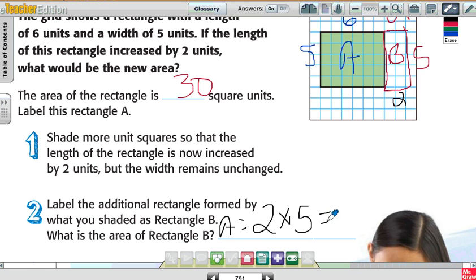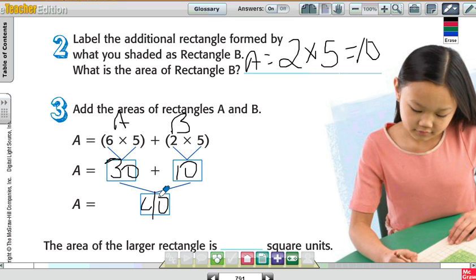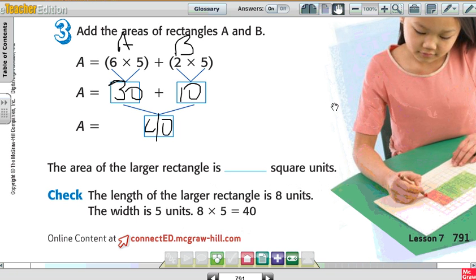So what's the area for just this section right here? Which is 10. Good job. So this is A and this is B. The area for rectangle B, 2 times 5, which is 10. And I add them all together. 30 plus 10 is 40. So the area of the whole rectangle, including A and B, is how much? 40 square units.